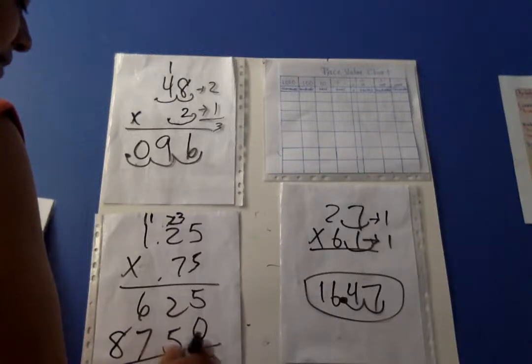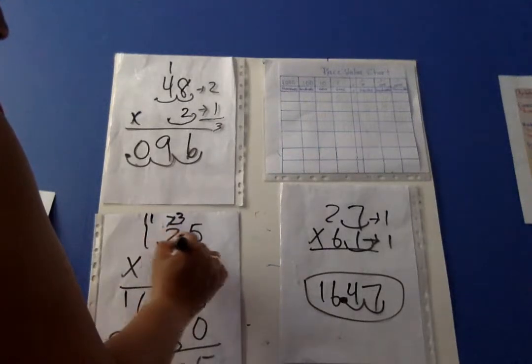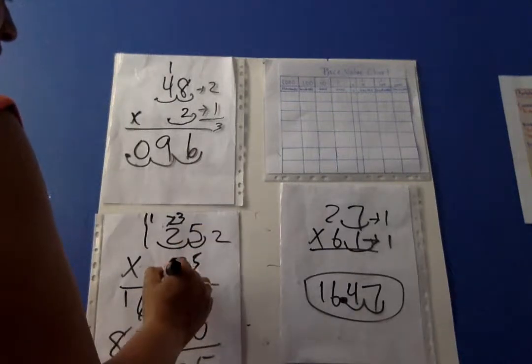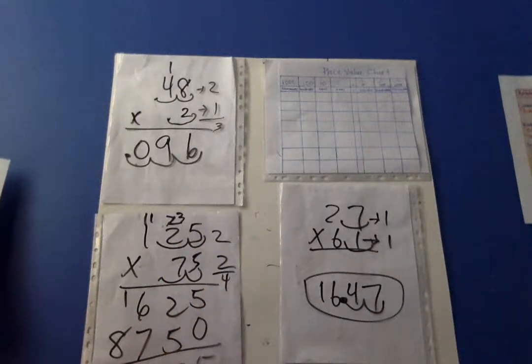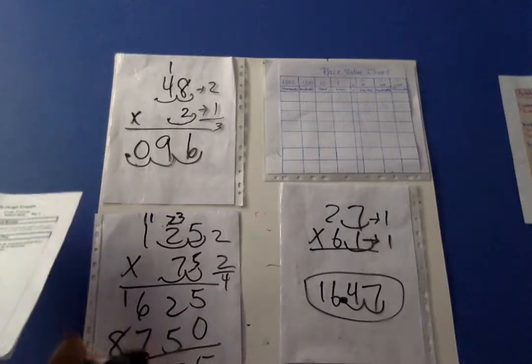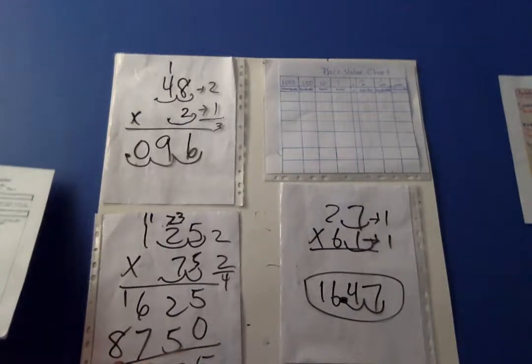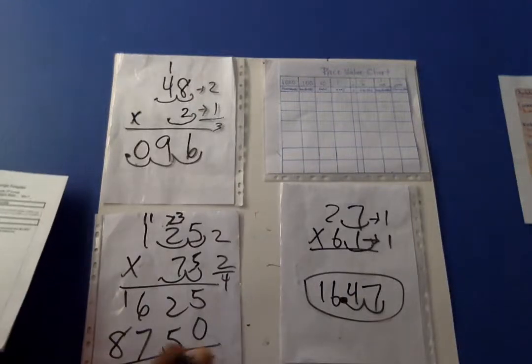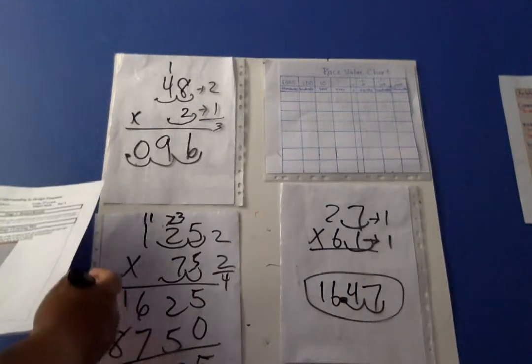Let's add them down. Now, 1, 2. 1, 2. So that's 4. So we need to move it 1, 2, 3, 4. Look down at your notebook. The final answer is 0.9375. There should have been no decimal points in any of those parts there.